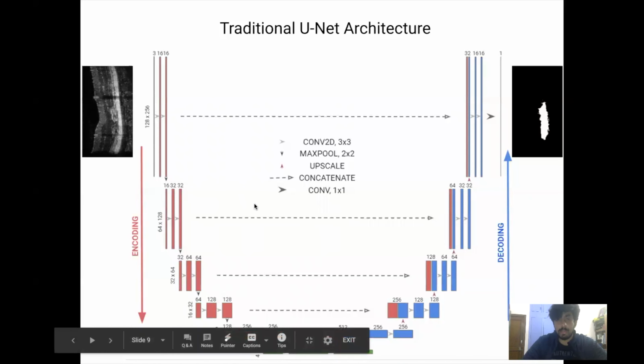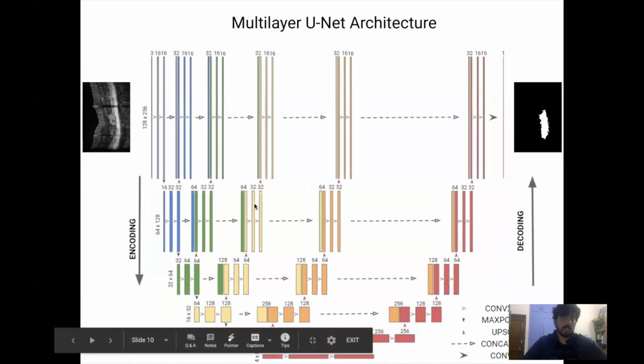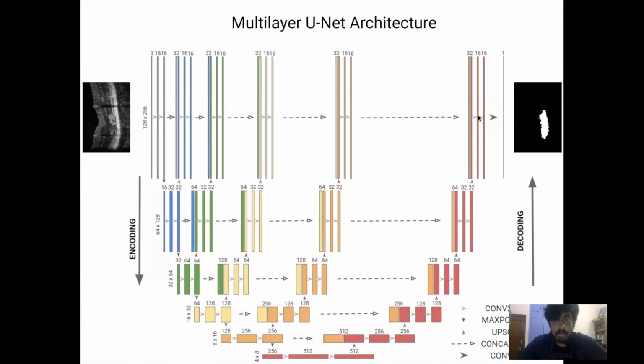But in the multi-layer U-Net architecture, what I do is, between the first encoding feature matrix and the last decoding feature matrix, I fit in many channels in between so as to decrease the semantic gap between the final matrices, right? So essentially this process decreases the semantic gap between the encoding feature vectors and the decoding feature vectors, right?